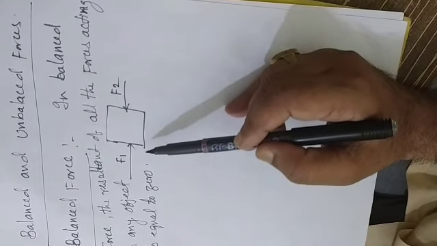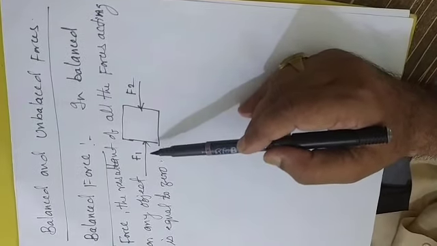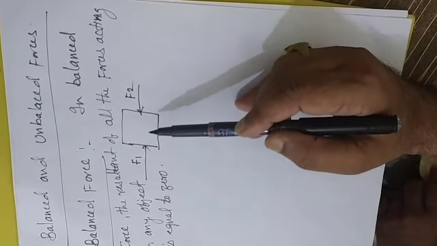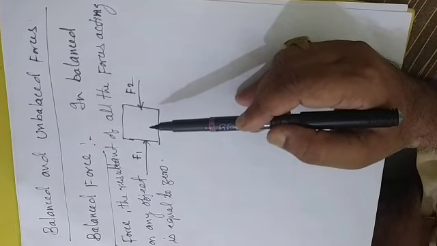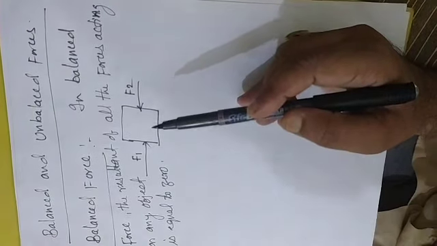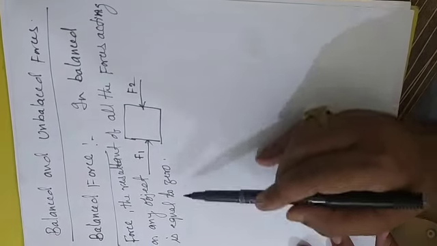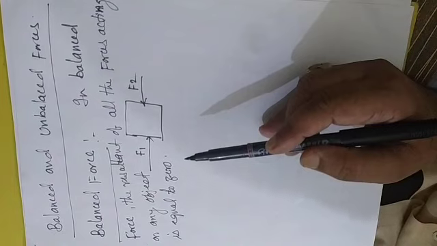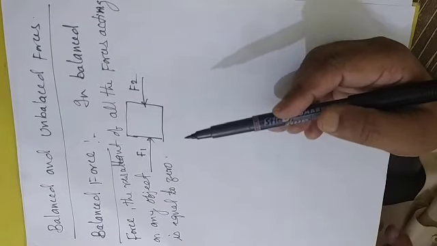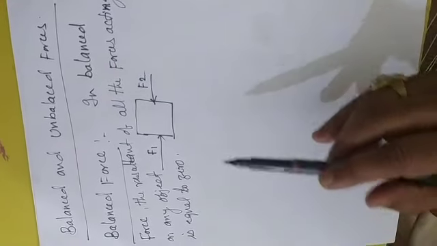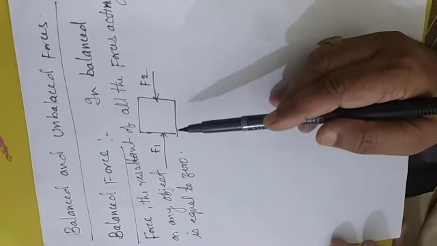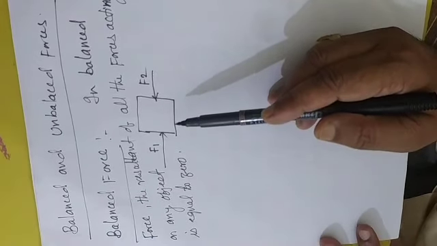In this example, both the forces are acting in opposite directions and both have the same magnitude. So, the balanced resultant is zero. Now, note that in the case of balanced force, it doesn't change the state of the object or motion of the object or direction of the object.